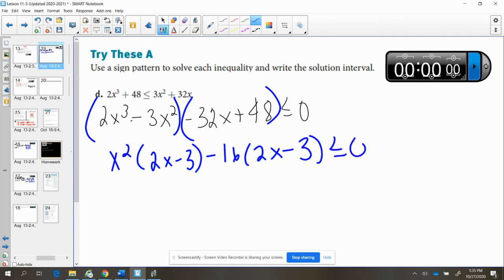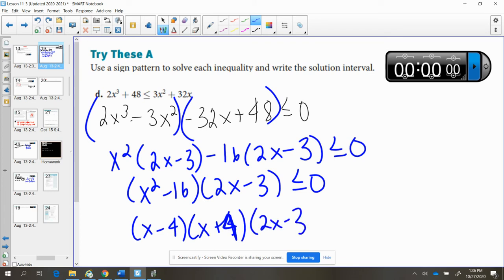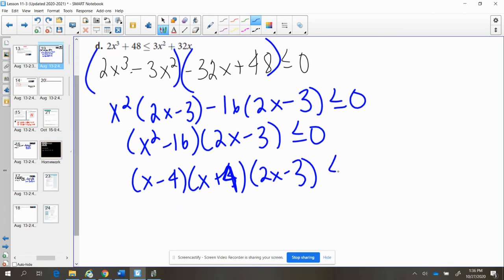And then again, from here, we have two factors, x squared minus 16 and 2x minus 3, which means our zeros are going to be at, well, if we keep factoring a little bit more, we're actually going to see we have x minus 4, x plus 4, and then 2x minus 3, which leaves our zeros to be at 4, negative 4, and 3/2.